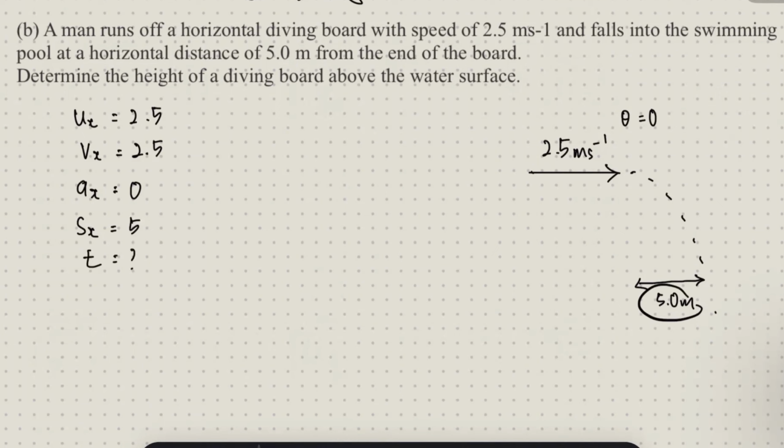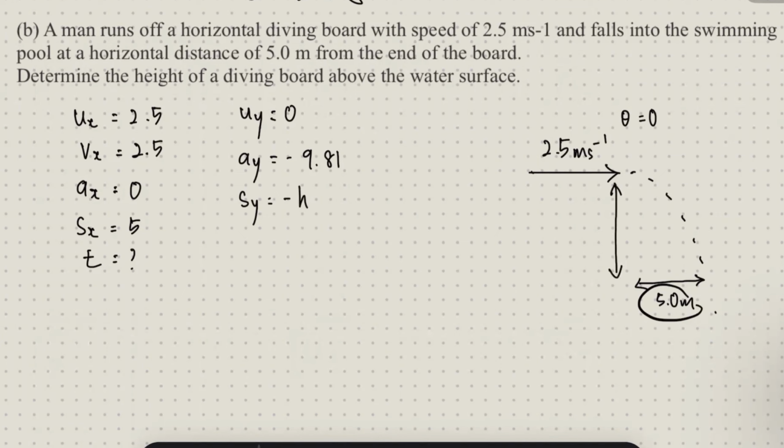For component y, since we know that the man runs off horizontally, uy will be 0. And we know that the acceleration for component y will be negative 9.81. And the displacement for component y is negative h, which is here.